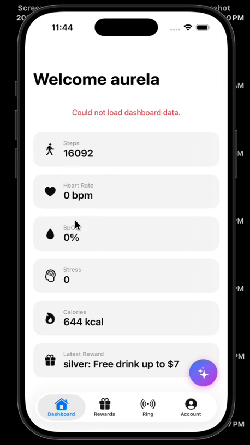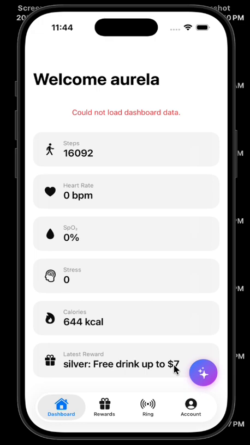Unfortunately, I was not able to get this fixed right away or in time, so heart rate and blood oxygen and stress are not showing up right now, but I do have calories. This is kind of like a reward system.